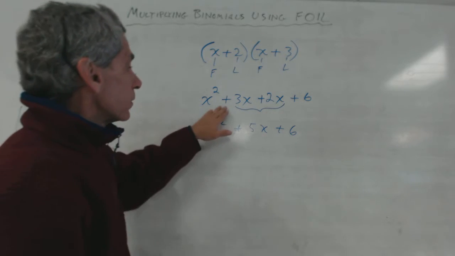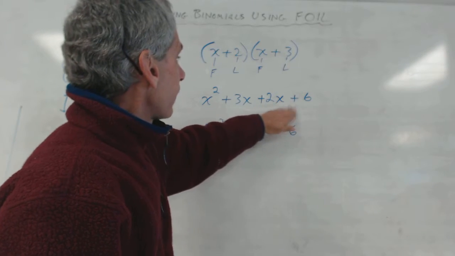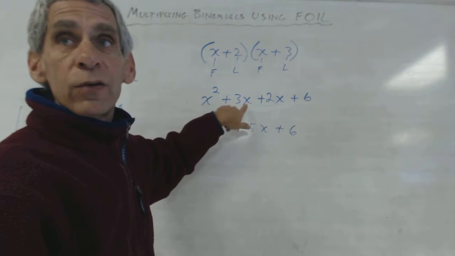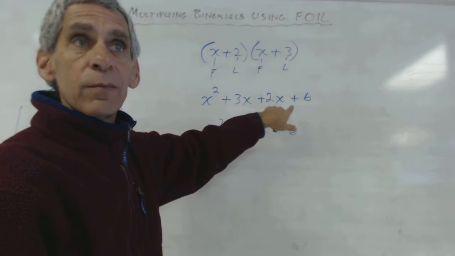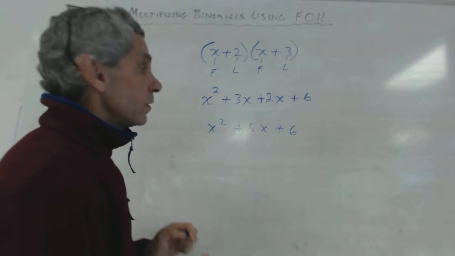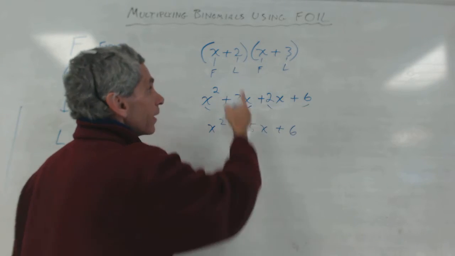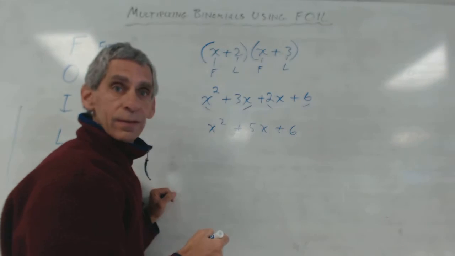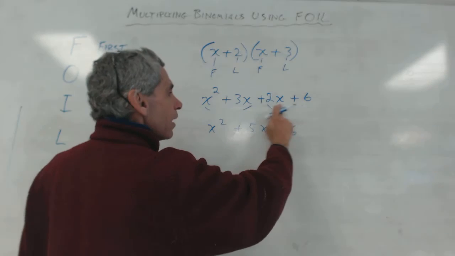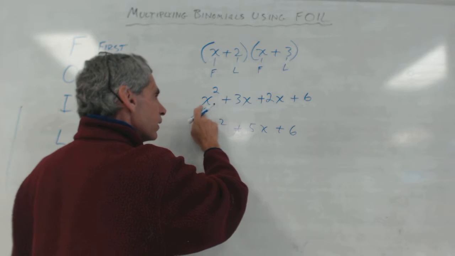Ironically, if I left it as a quadrinomial, or a 4-term polynomial, I could actually factor by grouping. But right now I'm not doing factoring, I'm doing the reverse.